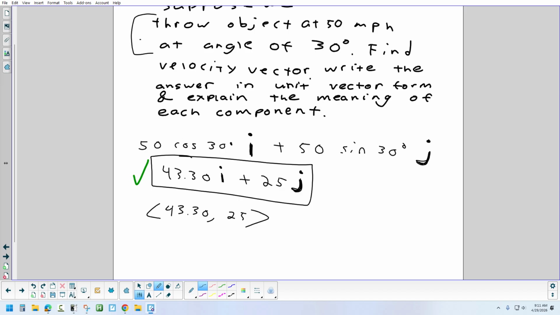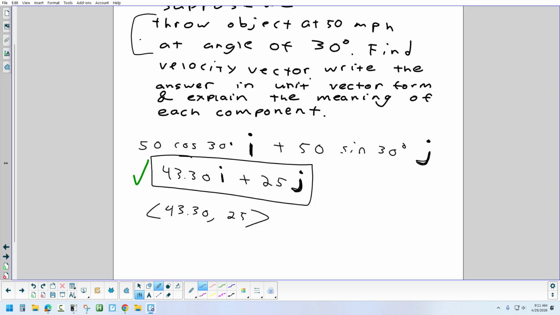It is how many units of something, but what is it? 43.3 is something you could measure, like if you actually fired an object at 50 miles an hour at a 30-degree angle, you could measure something in that problem and it would come out to 43.3.